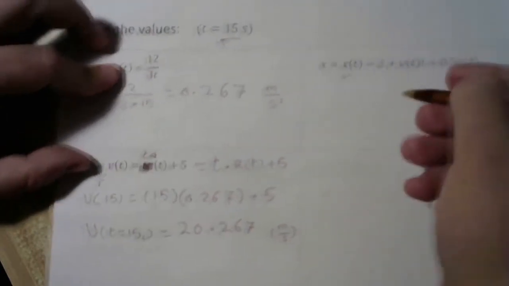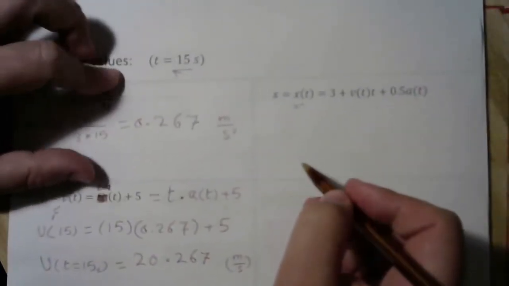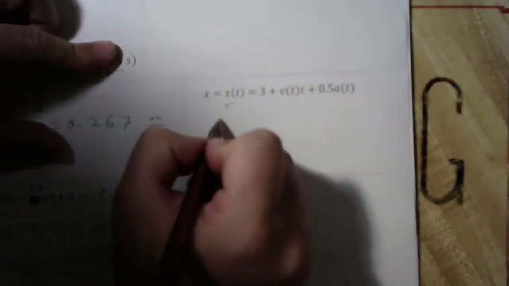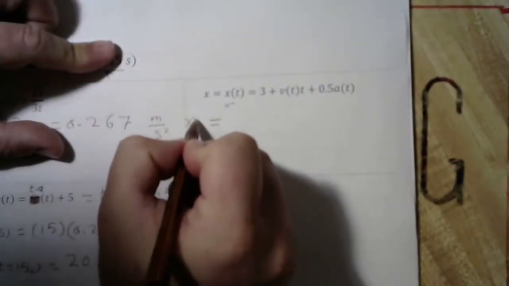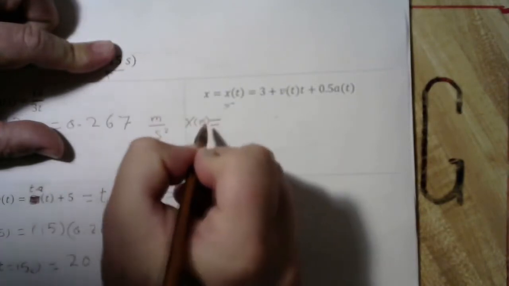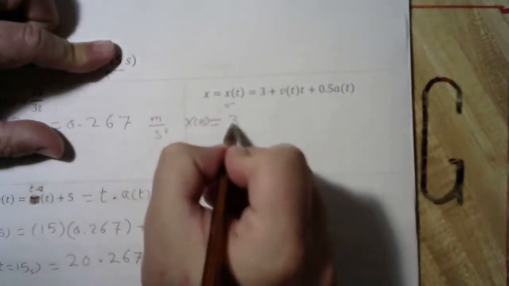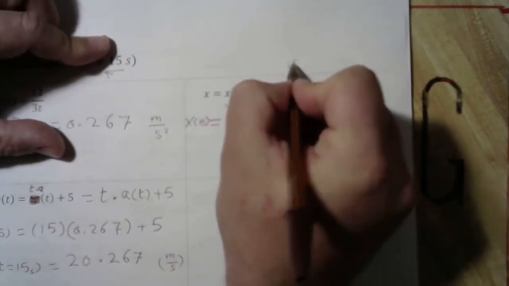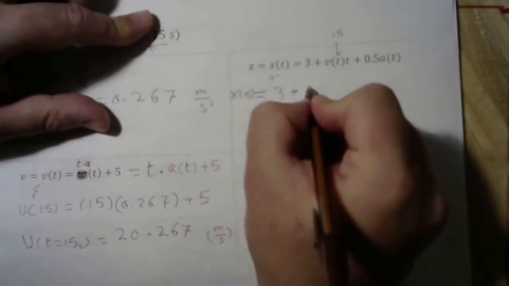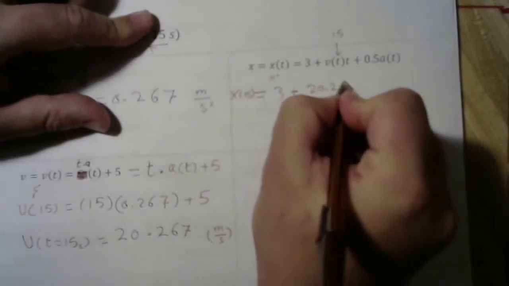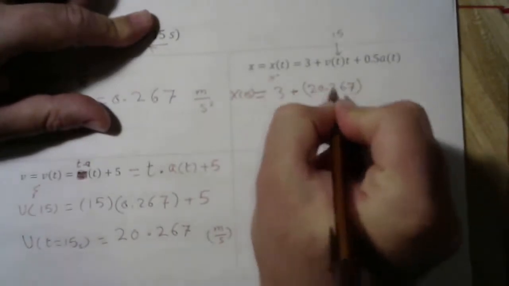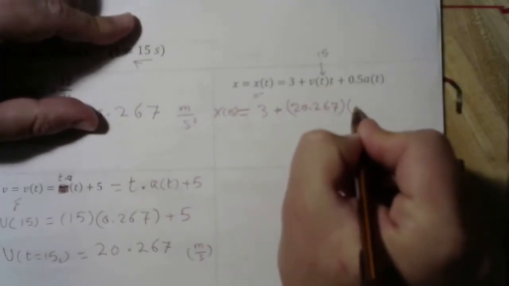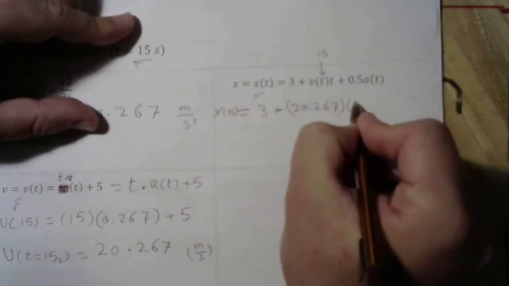Okay, now I can compute and find the position. It is x at t equal 15, which is 3 plus v at 15. This is v at 15, which is 20.267, multiplied by t. t is 15 also.